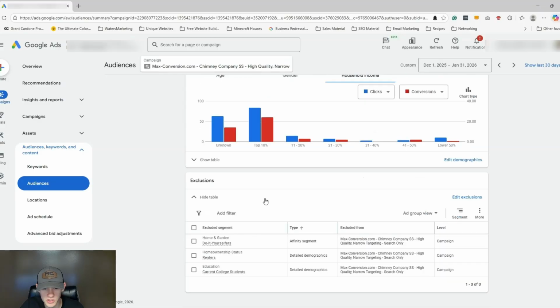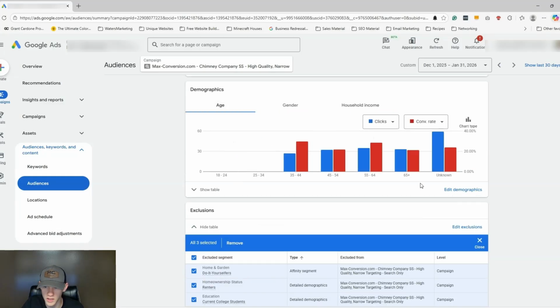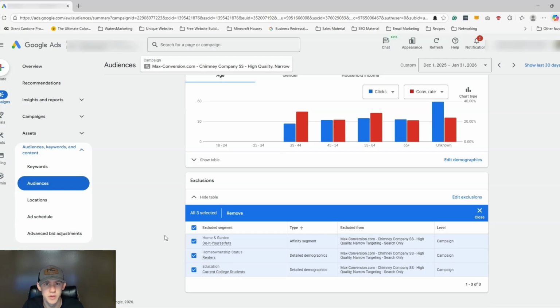We do have some exclusions that are helping us out in this campaign. So we've removed do-it-yourselfers, we've removed renters, and we've removed current college students. So that's really the big thing. We don't want current college students, even though we have the age restriction. You do have that unknown category here. And with the unknown category, you always get the most clicks on those campaigns because Google doesn't have data on everybody.